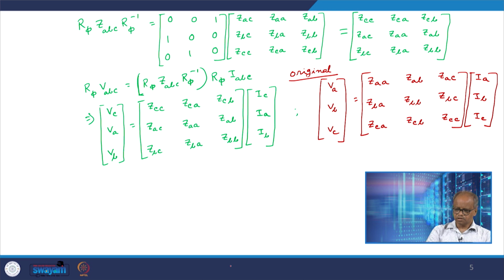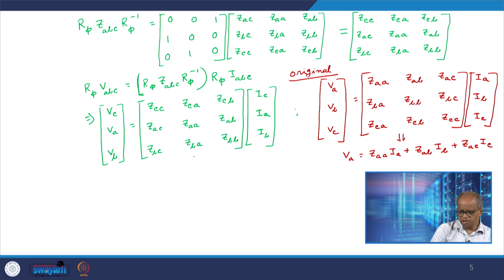So from this original relation, I can see that VA is equal to ZAA into IA plus ZAB into IB plus ZAC into IC.